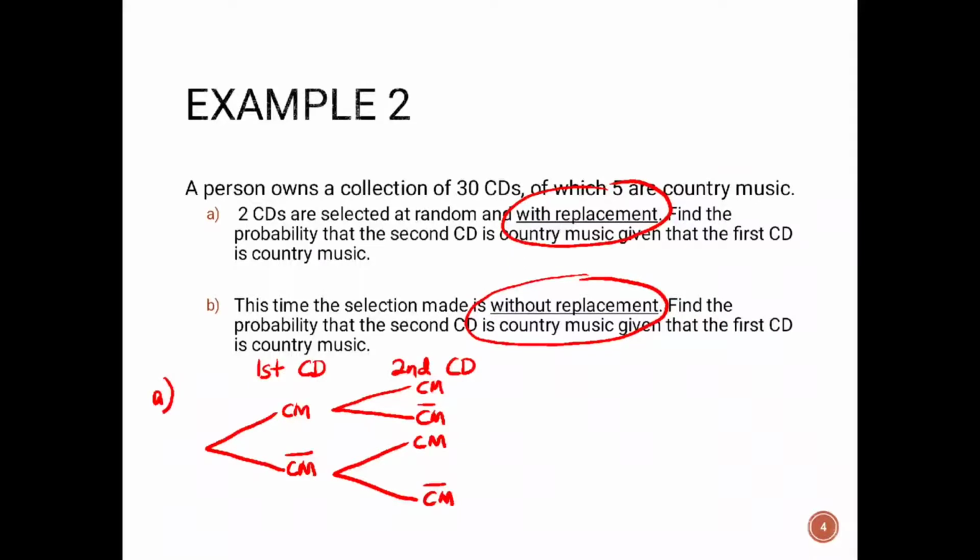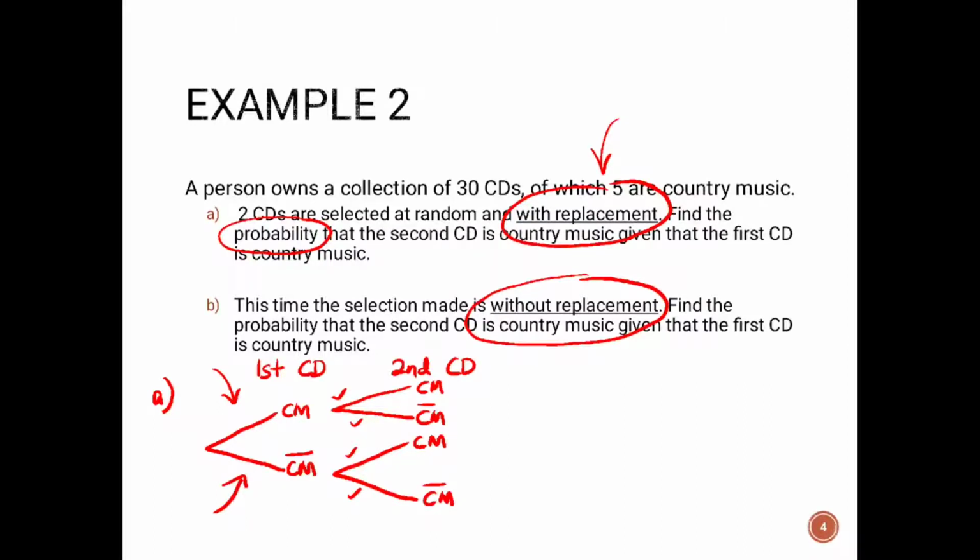In order to find the probability, you must know the value for each branch. That means what is the value of the probability here, here, and for each branch. Basically we need to figure out 6 probability values. Bear in mind this selection is done with replacement.